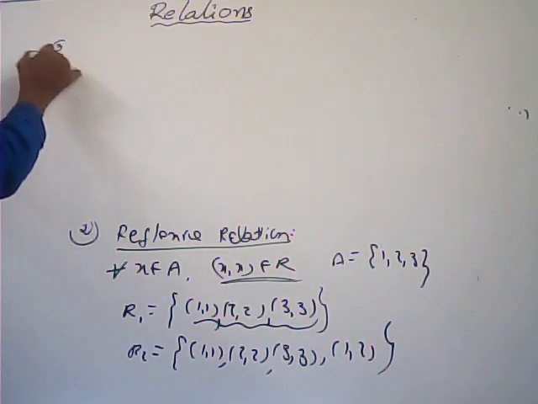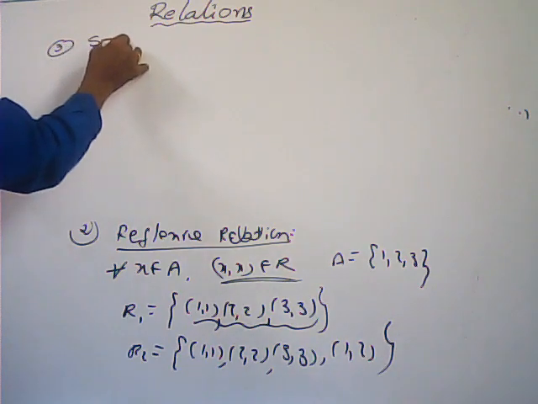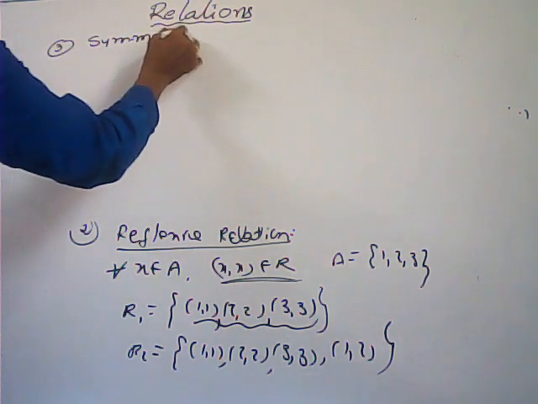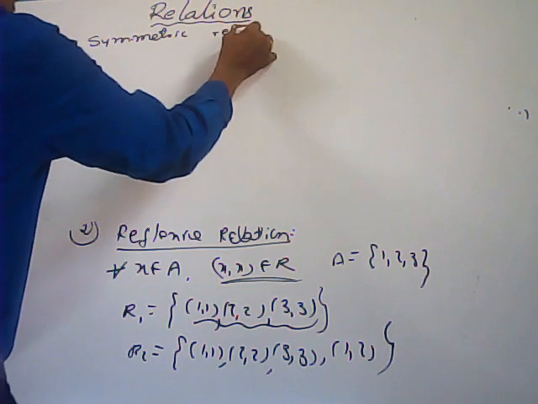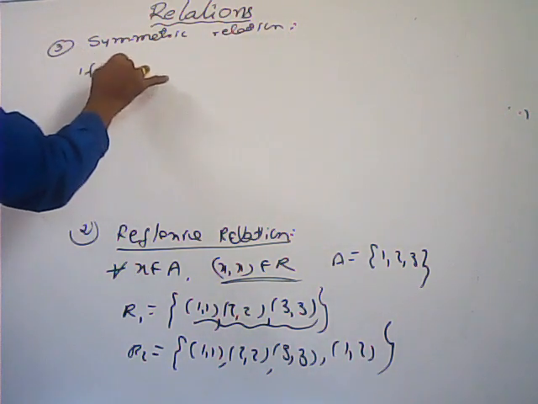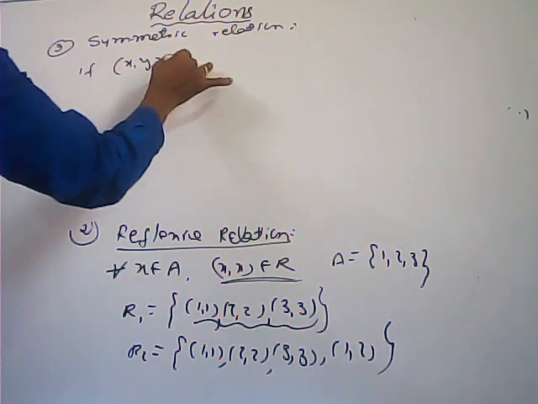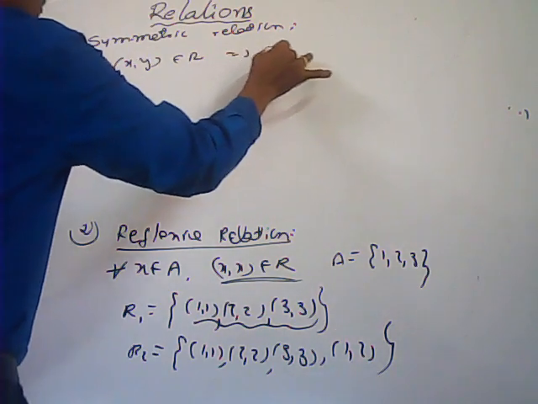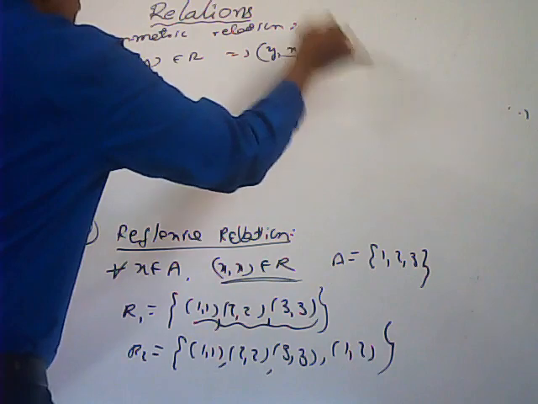Third one, symmetric relation. If (x, y) is there in that relation, at the same time (y, x) should be there in that relation.